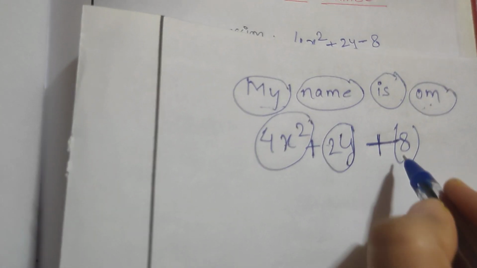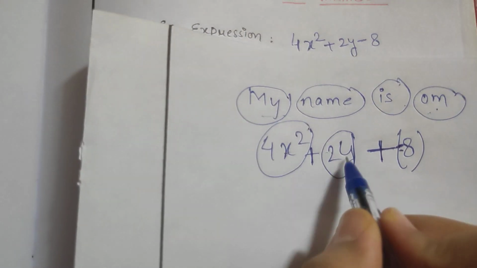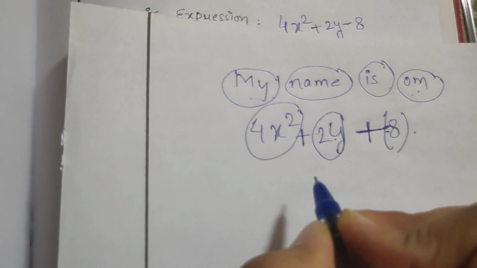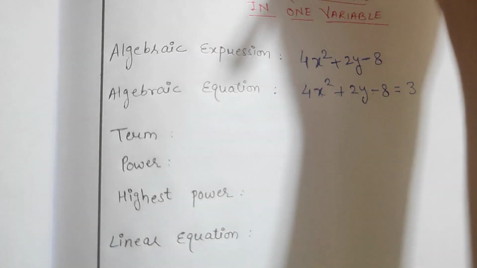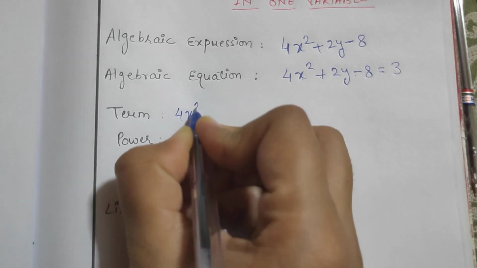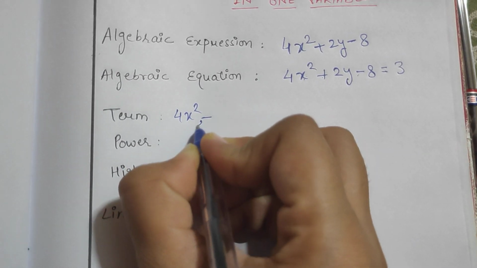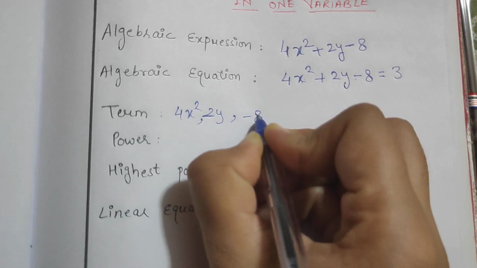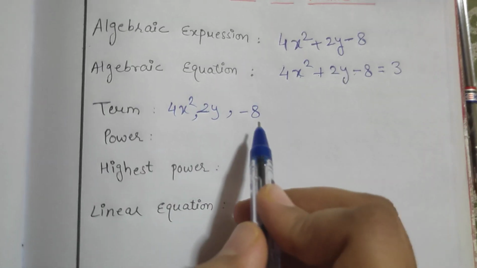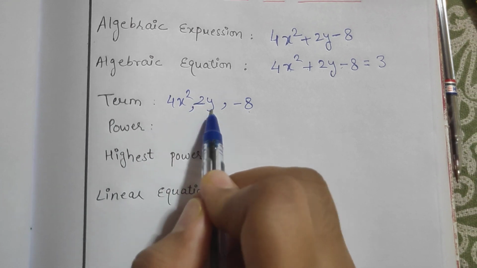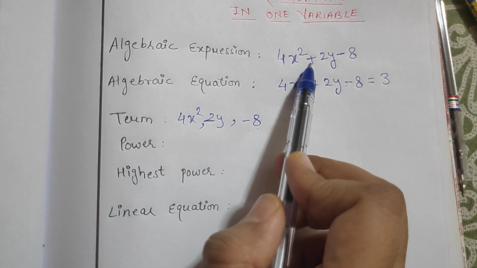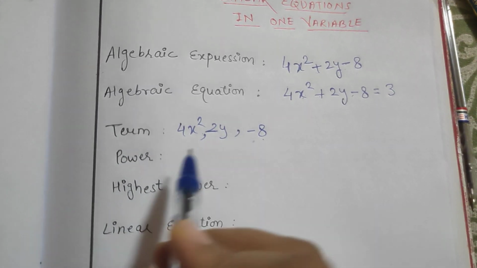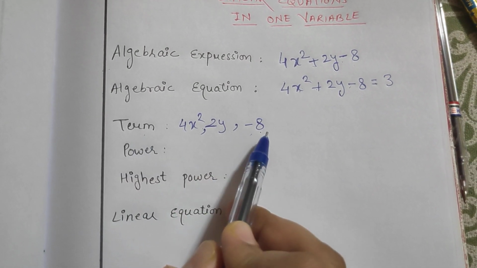So here we can see that there are three terms in this algebraic expression. So here we can write 4x square, this is one term, 2y, this is another term, and minus 8, this is another term. So these are three terms in this algebraic expression. I hope you have understood the meaning of term with this example.